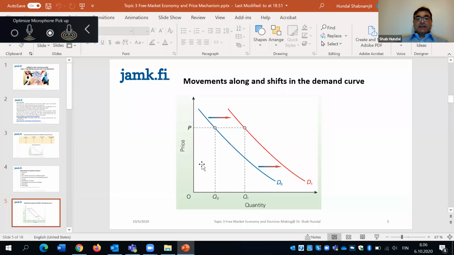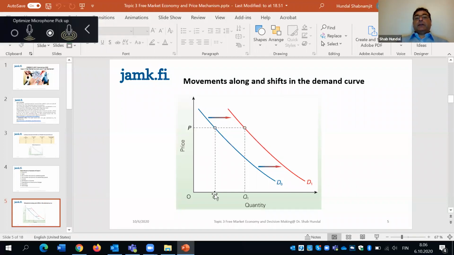And if price goes down, the quantity demanded will rise. On the contrary, if the price is low, the quantity demanded is more, but if price goes up, the quantity demanded contracts, shrinks, decreases, falls. And this phenomenon is called law of demand.